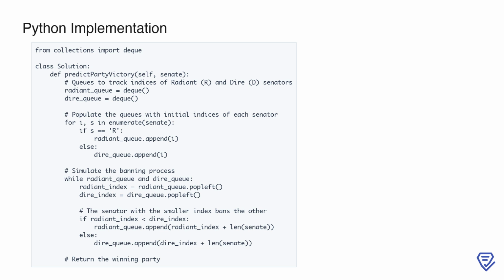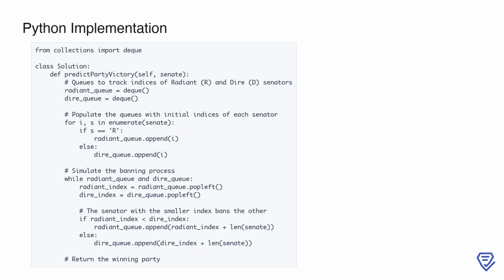We then initialize two separate queues, radiant_q and dire_q, to keep track of the indices of radiant senators, represented by R, and dire senators, represented by D. Next, we iterate over the input string using the enumerate function. For each senator, if their party is radiant, we append their index to the radiant_q, otherwise, we append it to the dire_q. Now, we enter a while loop that continues as long as both queues are not empty.